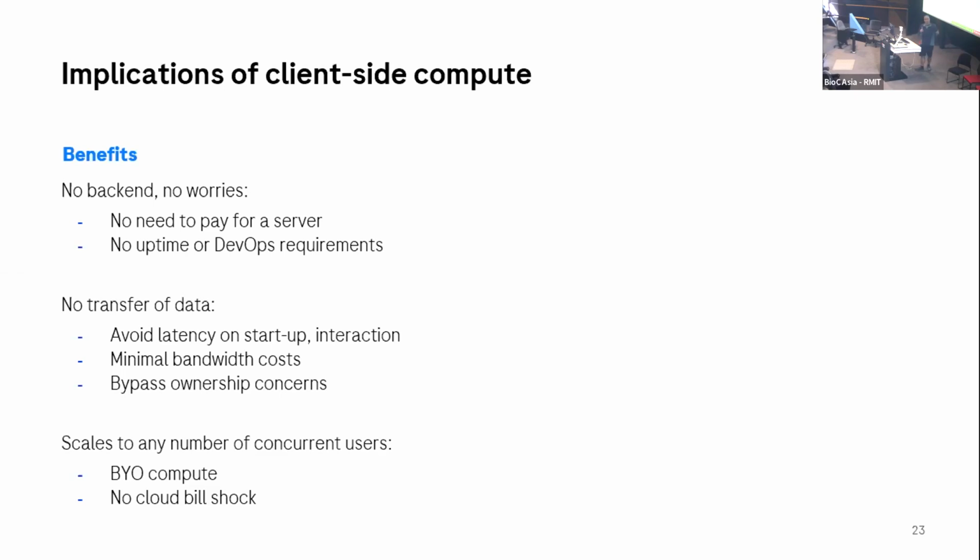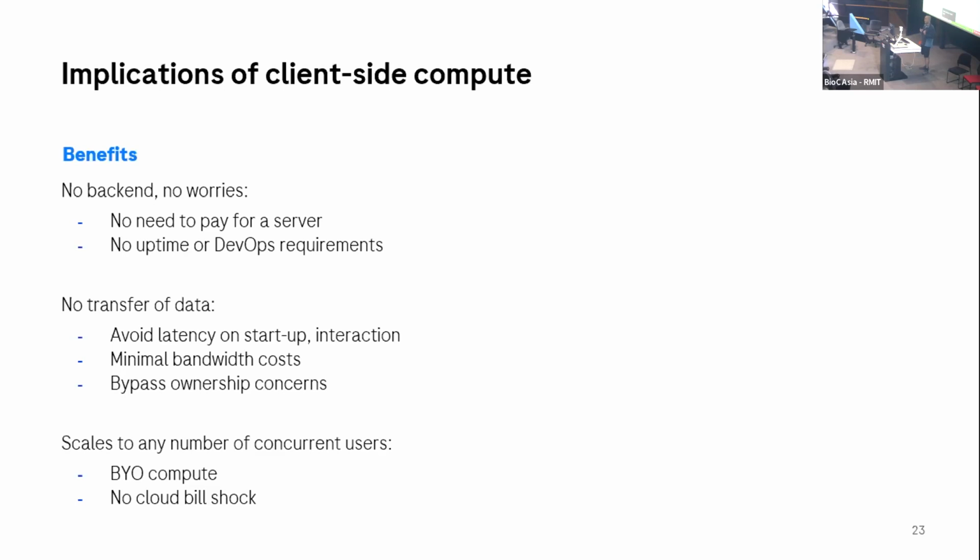And one of the things that's kind of underestimated is the fact that this client-side compute strategy actually scales to any number of concurrent users. So if we had 1 million people using Kana right now, we could probably handle it. If GitHub Pages can handle 1 million accesses at once, then we can probably handle it because each user brings their own compute to the party, right?